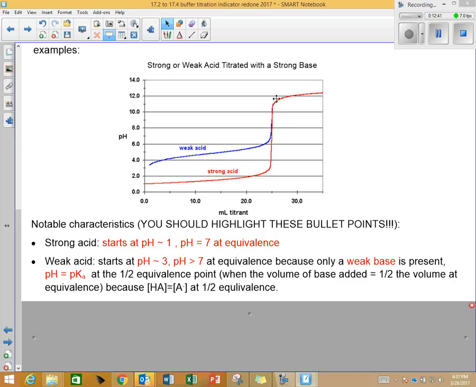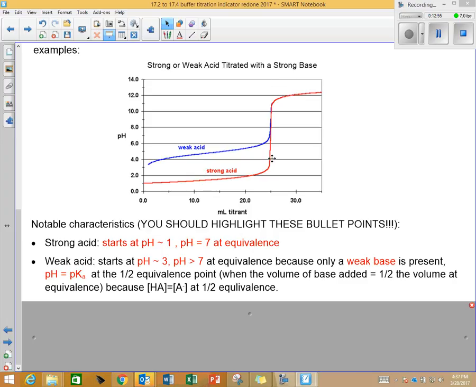We're starting here, ending here, and halfway between those two, on this particular graph, the pH is about 9 at equivalence. Again, the equivalence point is where you have the sudden shoot up. That sudden increase right there. Important for a weak acid, at equivalence, the pH should be greater than 7. And you'll learn later why only the weak base is present.